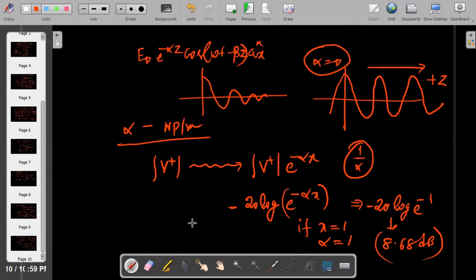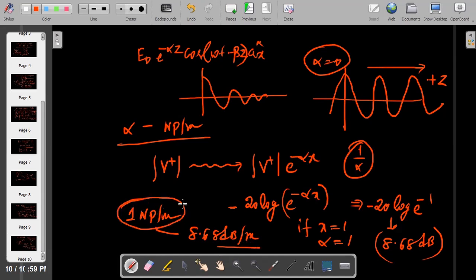So my intention is what? 1 Neper per meter is equivalent to 8.68 dB per meter. So this much attenuation is there for 1 Neper per meter in dB. That I want to say. You don't have to put this minus also.